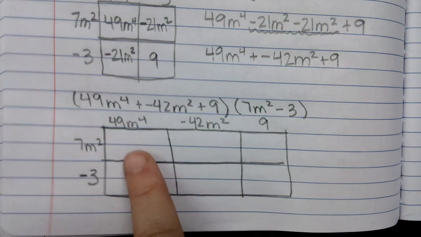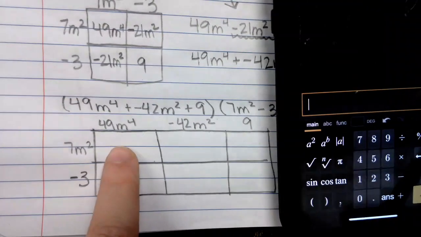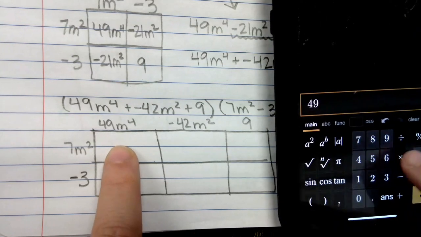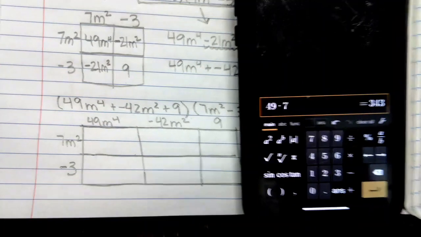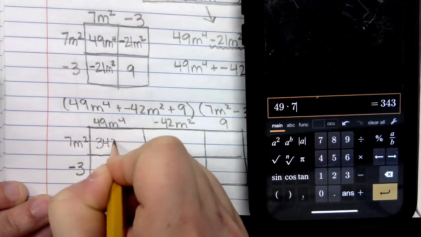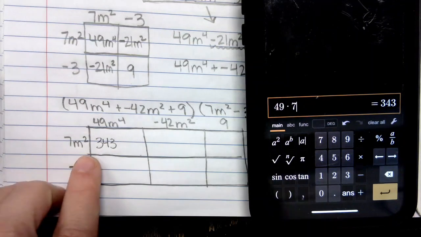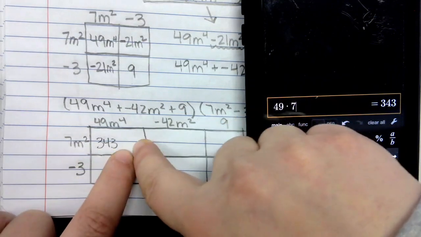All right, now I'm going to work my way down. I'm going to do this one next just so I can move left to right. So 49 times negative 3 is negative 147. I have 4 m's on top, no m's in front. So how many m's will this have? Just the 4 from the top, yep.